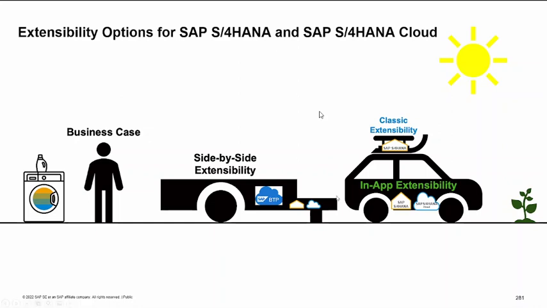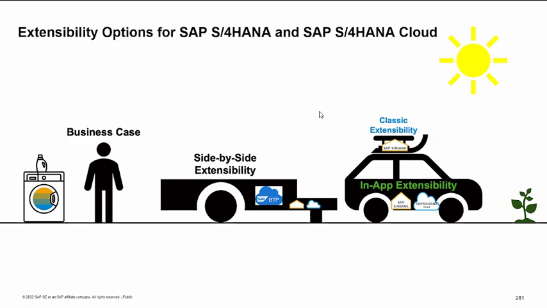So we will concentrate here on in-app extensibility. What I would like to say, important classic extensibility here in our picture is installing a roof luggage rack, for example. And this is not available in SAP S/4HANA Cloud.